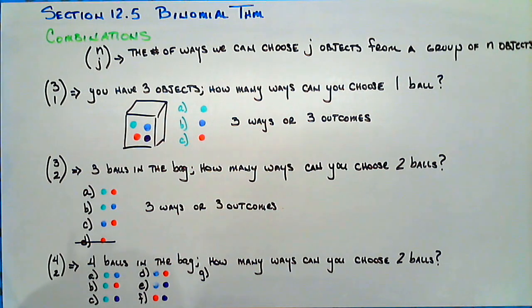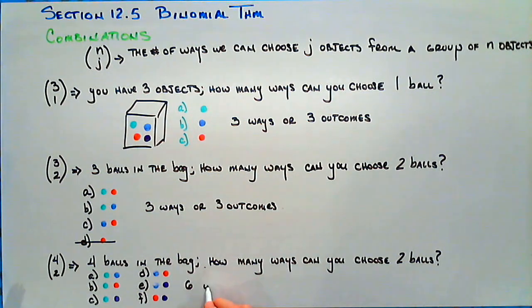What happens if we draw purple first? Well, we already have purple and green. We already have purple and blue, and we already have purple and red. So this is not going to be a new outcome. So how many ways could we have achieved this? What's our answer here?